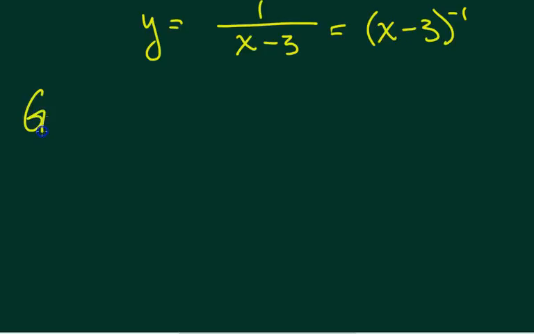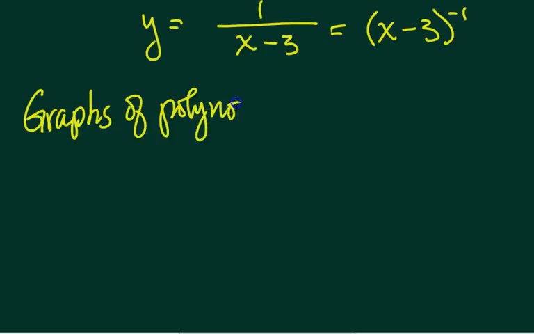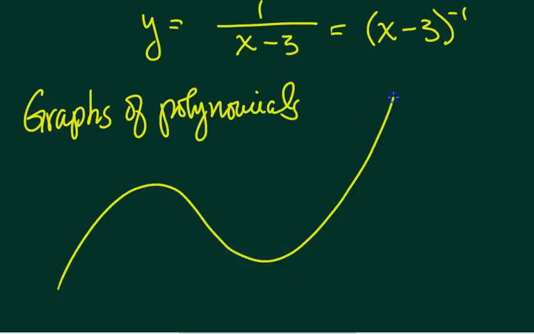These functions also do not share the simple properties of polynomial graphs that I want to mention right now. Graphs of polynomials are all very smooth and curvy, unless they're simply straight lines. But most of the ones that we're going to be interested in have this nice smooth curvy shape. They do not go like that in a cusp. They never have gaps.